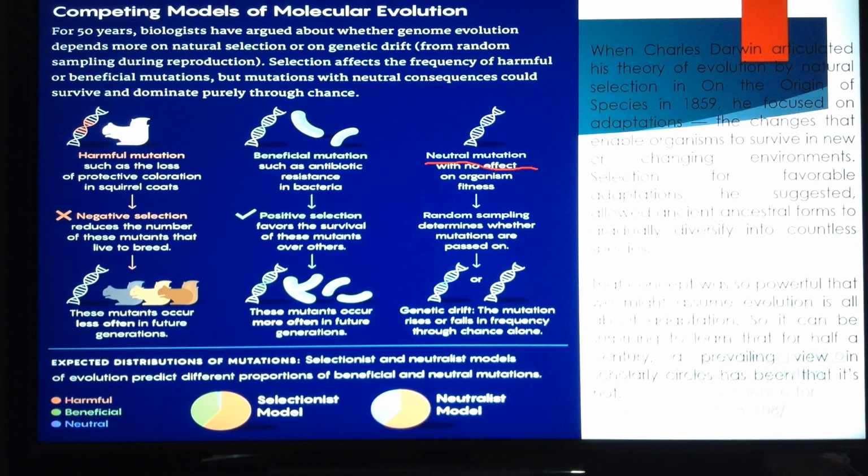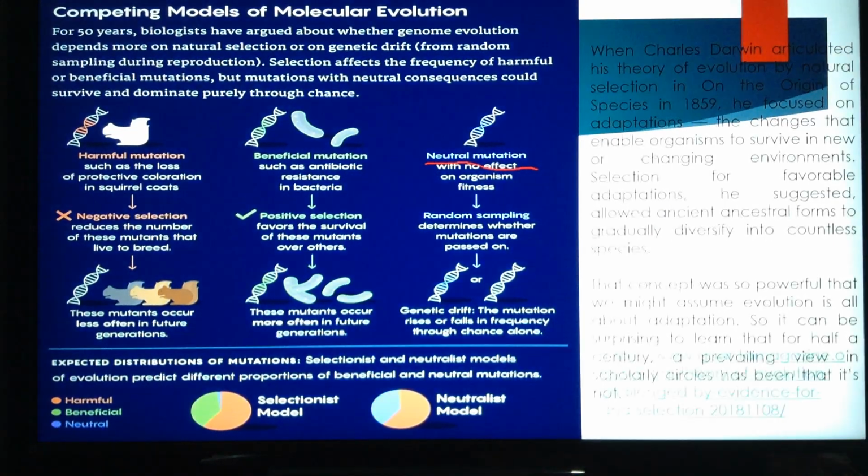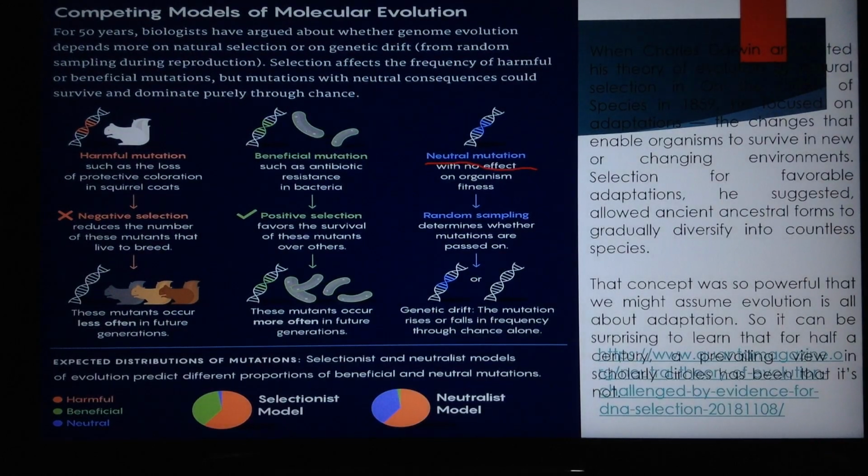Therefore these neutral mutations will be retained in the population. They will not be lost unless they are deleterious. These mutations basically occur because of genetic drift, the mutations which rise or fall in frequency through chance alone.